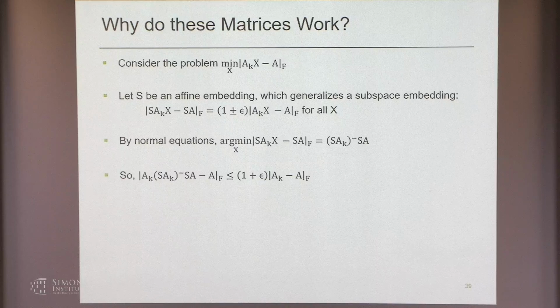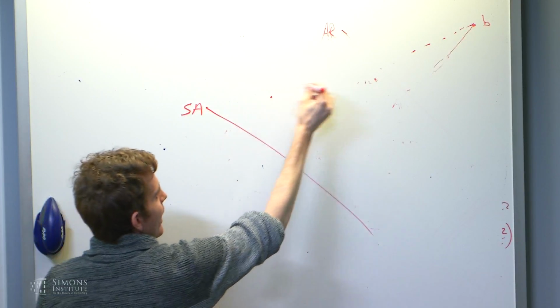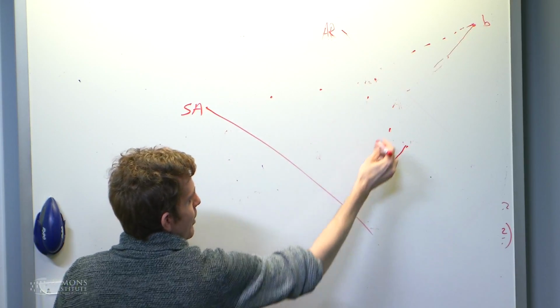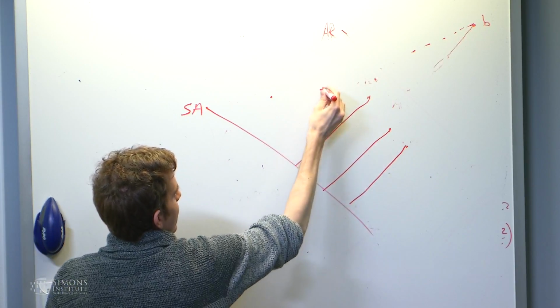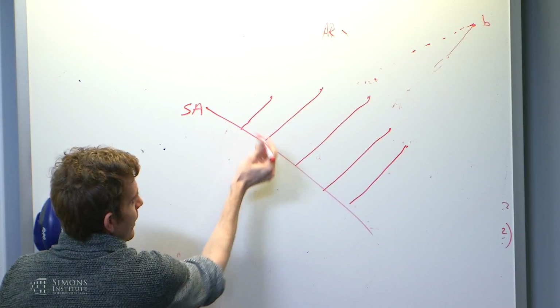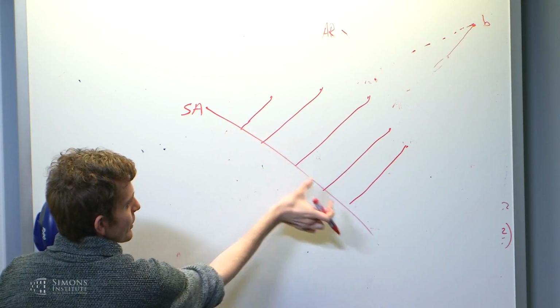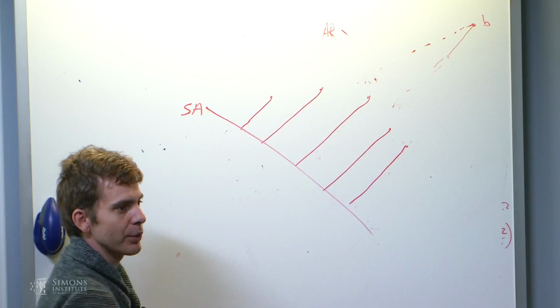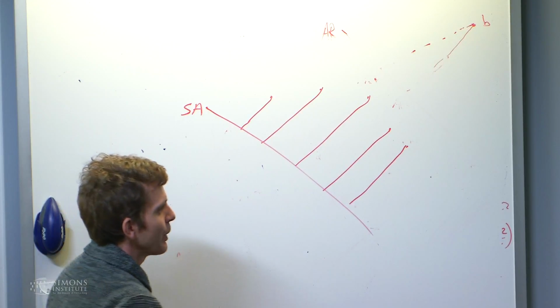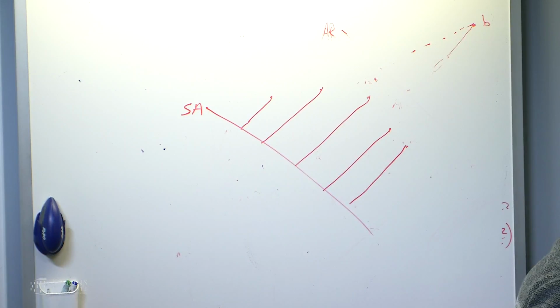We have this space SA. We took our n points and we projected them onto here. And now they're all inside of here. And now we're trying to find a k-dimensional subspace inside of here which is good. And we know there exists one that's good, this one.